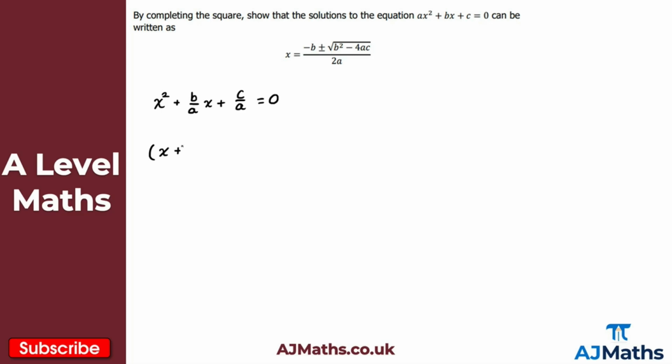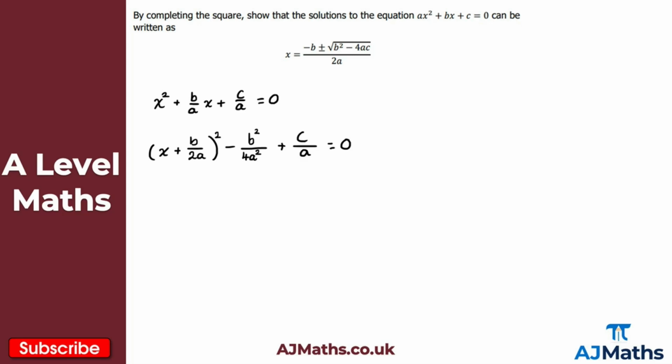We get plus b over 2a, and this is all squared. And now subtract this value squared. So if we square this, that would be b squared over 4a squared. But we subtract that, so that's minus b squared over 4a squared. And then don't forget we've got this plus c over a. And this is all equal to 0. Okay, that's what we began with here.